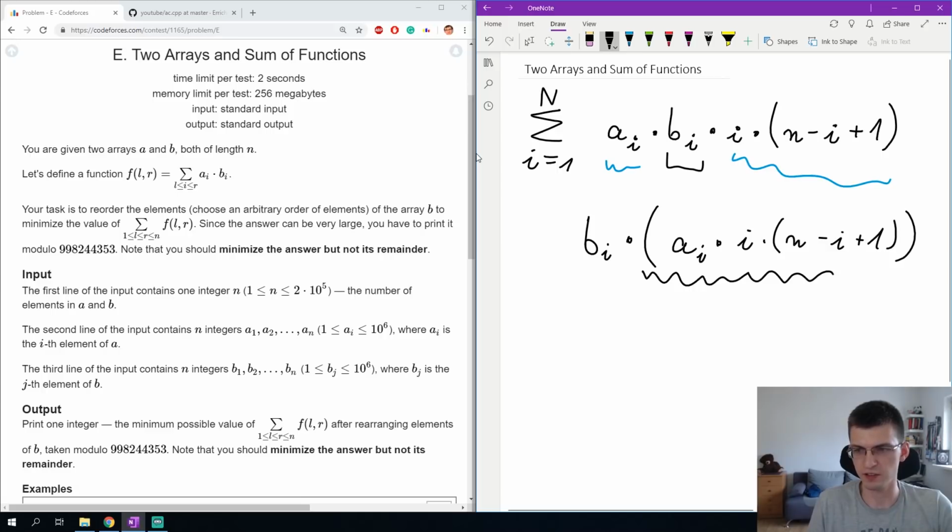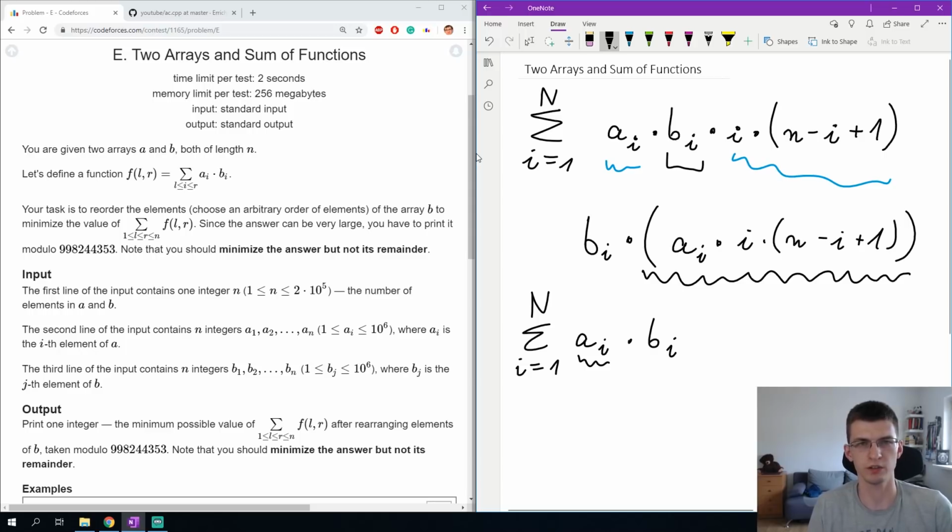And this is something I can compute for every I. Actually, I will just change AI to this value, and then I want to minimize the sum over AI times BI, where AI is that new value, after multiplying it by I times n minus I plus 1.